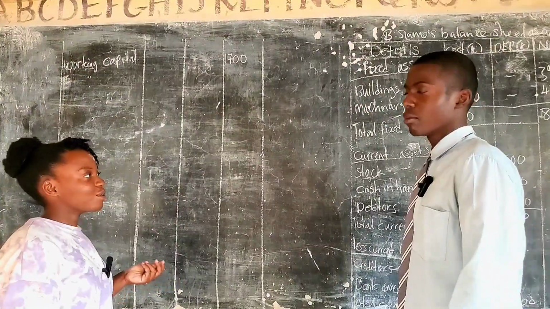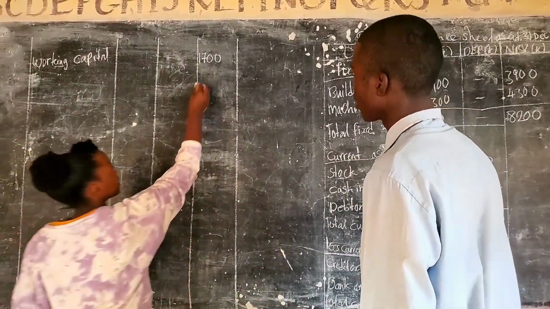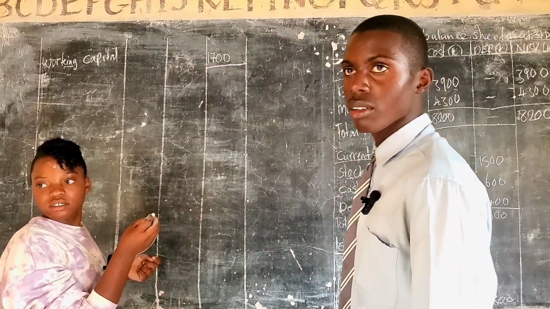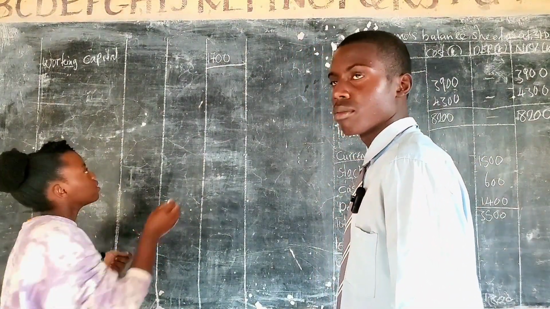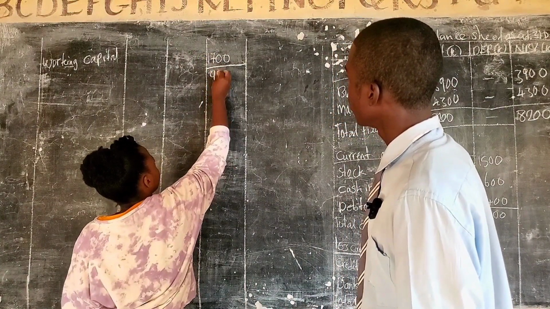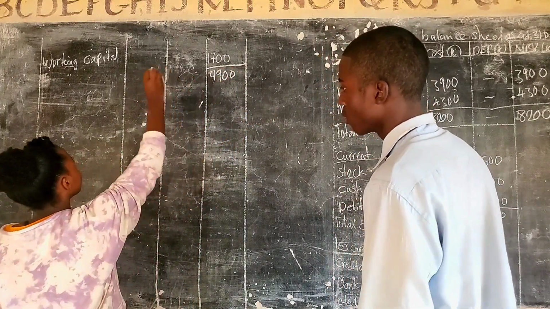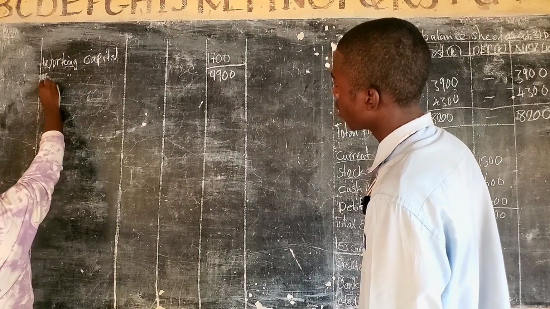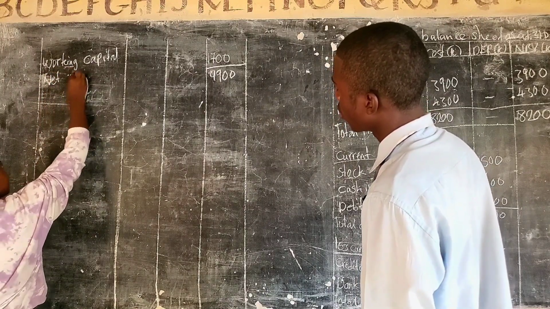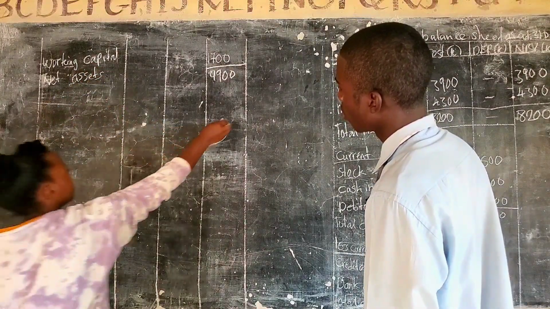Then we add total fixed assets with the working capital. How much do we get? 9,900. So for this part, this is going to be the net assets.